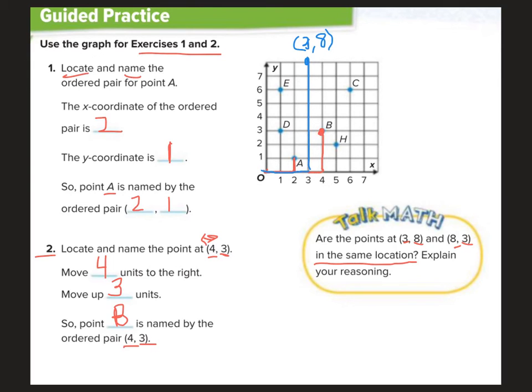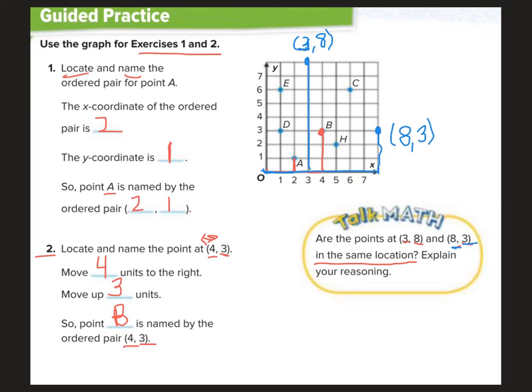Okay, it's a little crazy looking. And then if I do 8, 3, I would go 1, 2, 3, 4, 5, 6, 7, 8, and then up 3. 1, 2, 3. So this point right here is 8, 3.